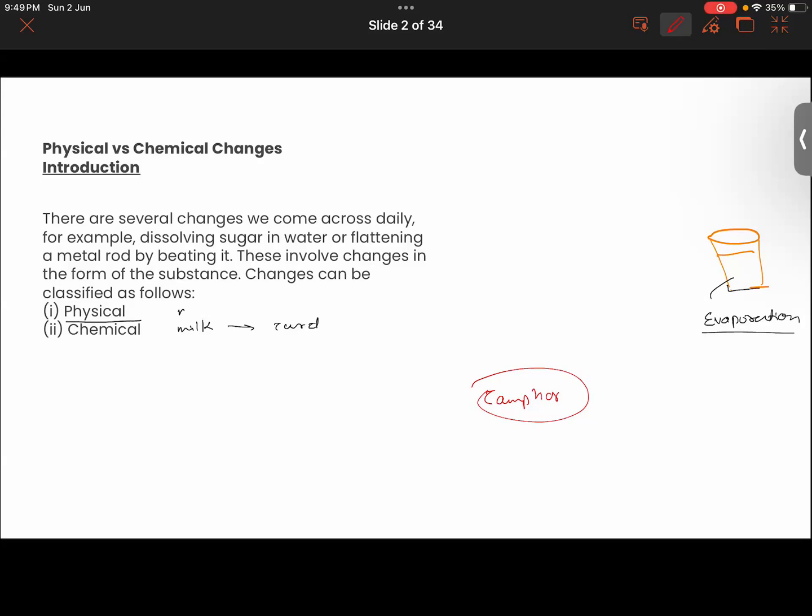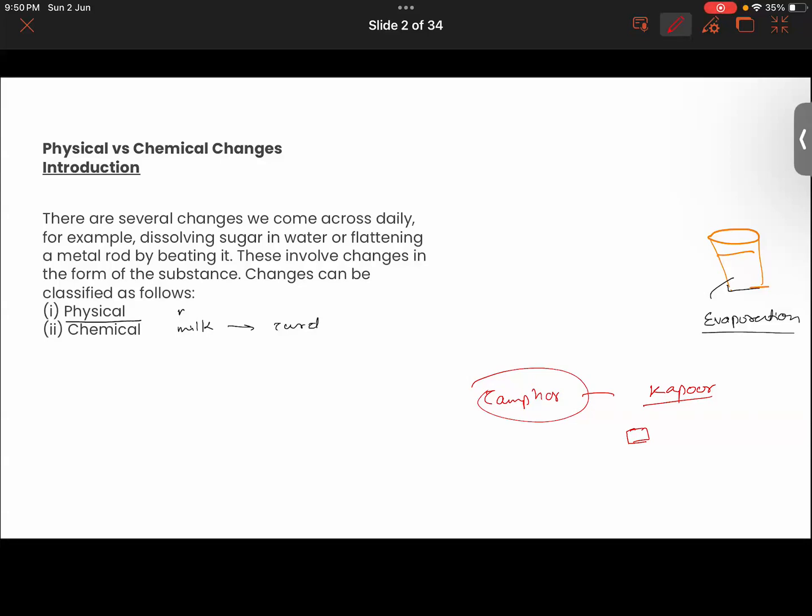Camphor is commonly called kapoor. You guys know about this? It comes in the form of a white tablet-like structure, a thick tablet-like structure. I hope you can relate to what I'm saying.